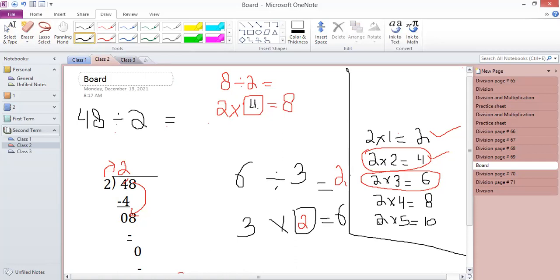That's why 8 divided by 2 is equal to 4. So you will write 4 here.